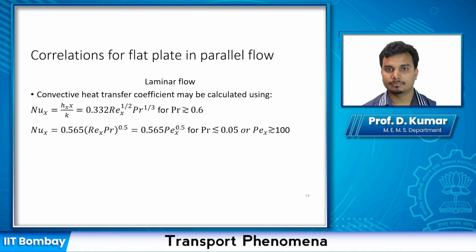Okay. So now the correlations, we'll just go directly to the correlations. We are not going to develop the correlations using boundary layer, trying to solve the boundary layer equations. So for convective heat transfer, we are talking about laminar flow.